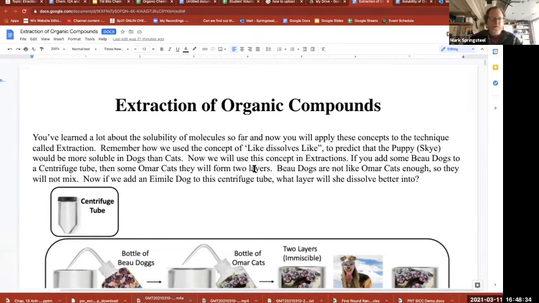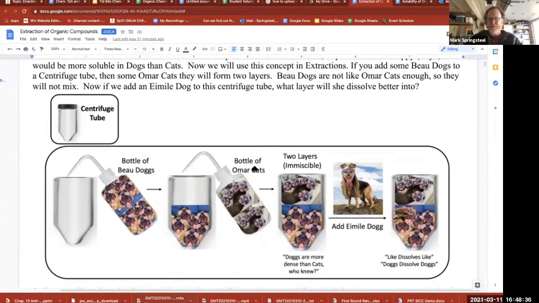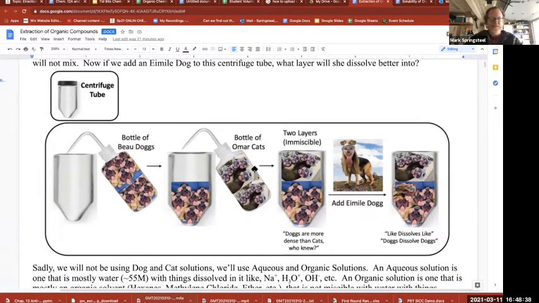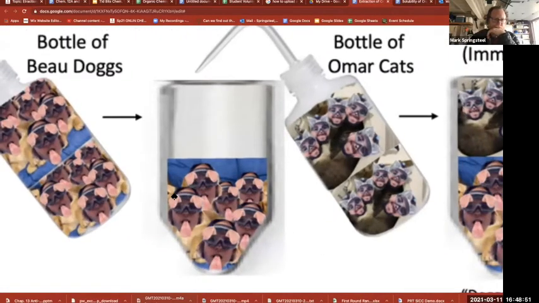So I try to make it fun. I didn't do this with our students this year, but this was last year's class. I have the idea of like dissolves like. So what if I have a bottle with a liquid of Bo dogs? Bo was in the class last year. He's got the Snapchat filter face on there.